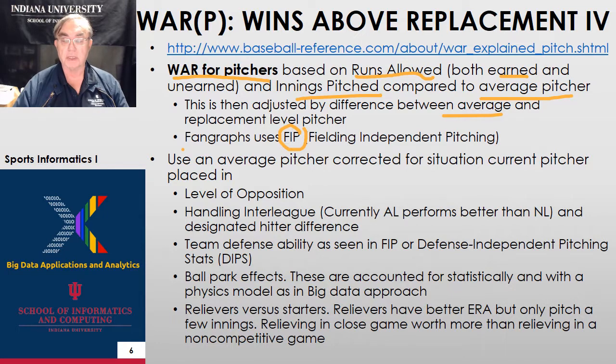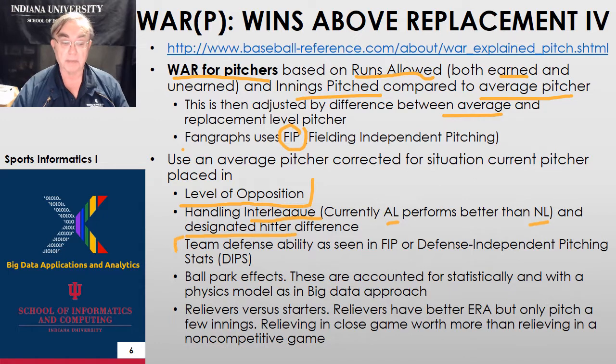So you then have to correct for the opposition. Obviously, a pitcher who's playing useless opposition will do better than one who's playing good opposition. And then you have to account for the difference between the leagues. The American League is currently on average better than the National League, and then you have to look at the difference in designated hitter and non-designated hitter.